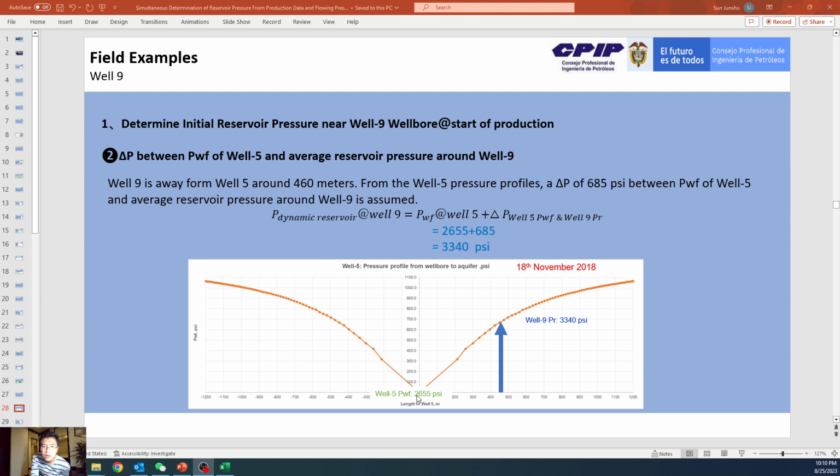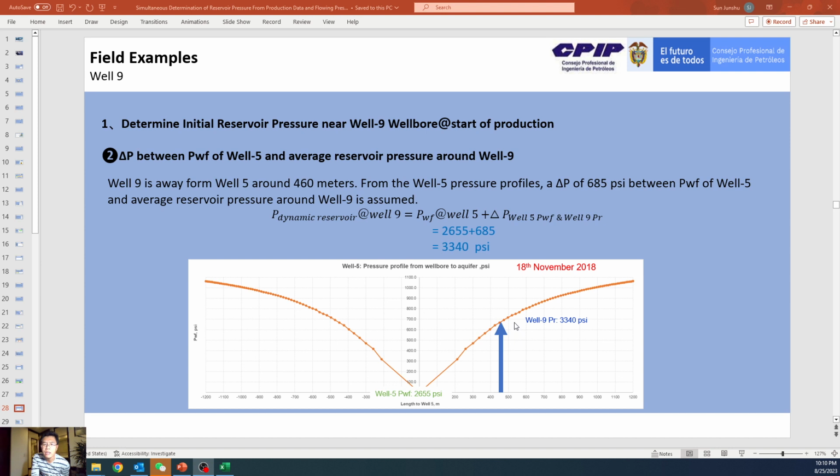Here, well number 9 is 460 meters away, so we get the delta P of 685 psi.